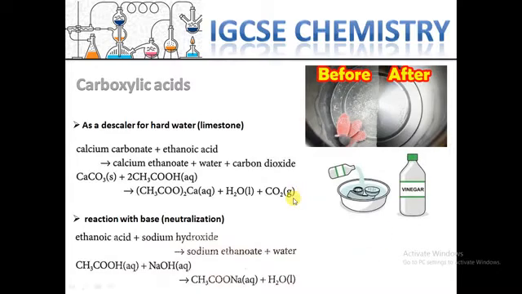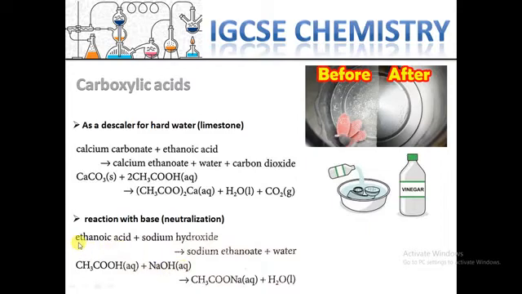Another application of carboxylic acid is the reaction with a base, or neutralization. We learned this type of reaction in the chapter on acids and bases and their reactions.